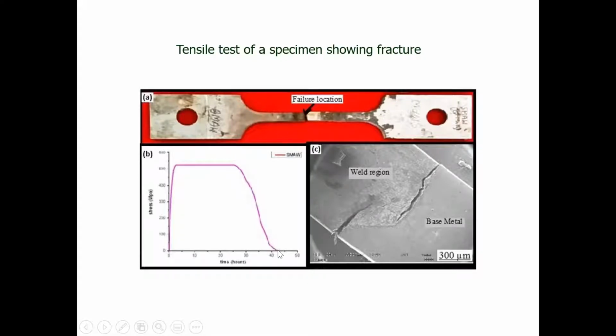At this point here, the sample breaks completely. So from this point to this point, we're forming the crack. What's actually happening is that we're stretching the material and it's getting thinner. And when it gets thinner, the stress actually starts to go down, because the material becomes very ductile. It starts to pull apart. And when it breaks completely, there is no force left on the material. The two ends are completely free.